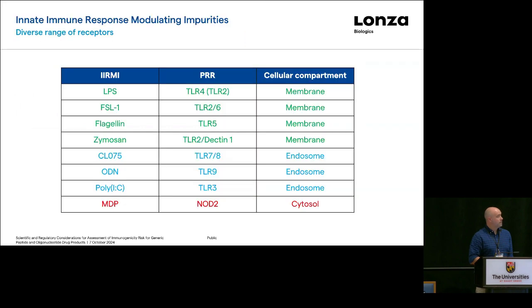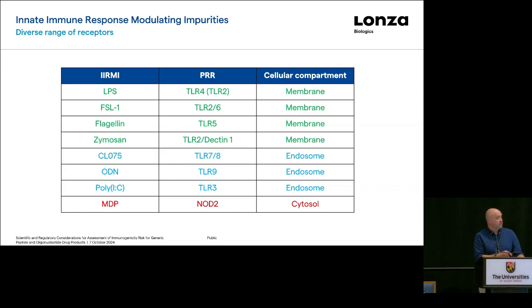So very briefly, just a one-slide introduction, just to make the point that I think a lot of people mentioned this already, it's important to have lots of different ERMIs that cover lots of different pathways within the cell. It's quite complicated. I'm not going to go into too much detail, but essentially I've just broken them down here into where they're located within the cell. So we think it's quite important to make sure we've got contributors from the membrane compartment, things like LPS, FSL, flagellin, and zymosan all signal through TLRs and other innate receptors on the cell membrane.